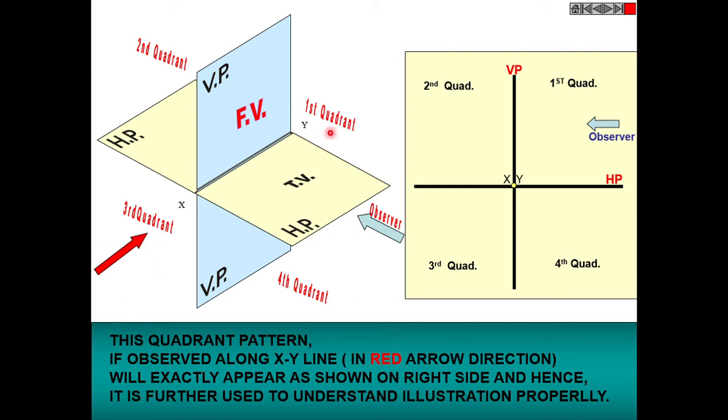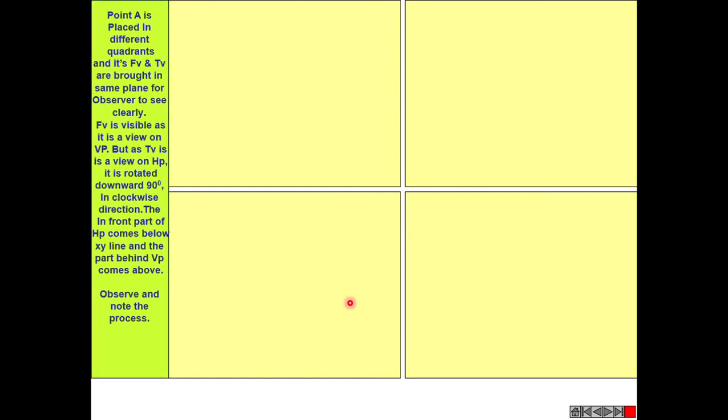Now what is the difference between the first angle, second, third, and fourth quadrant? We will see it clearly. When a point A is kept in the first quadrant, this is the first quadrant. Now in the first quadrant, the point A is kept in the three-dimensional system.